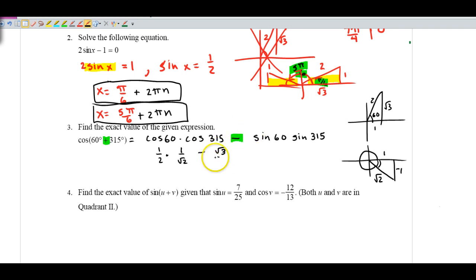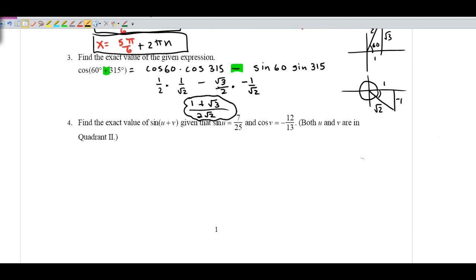Square root of 3 over 2 times the sine of 315, which is negative 1 over root 2. So simplifying that, I have 1 plus root 3 over 2 root 2. You could rationalize the denominator, but I'm not going to.